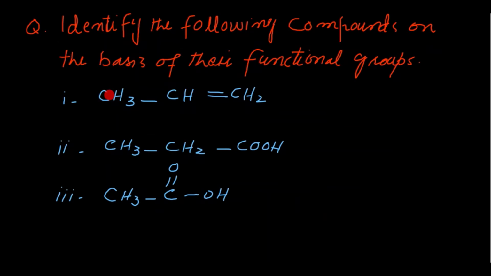The first compound is CH3, C double bond O, CH3, CH double bond CH2. Here in this compound there is a double bond between two carbon atoms. The presence of a double bond between carbon atoms shows that this compound belongs to the alkene family.